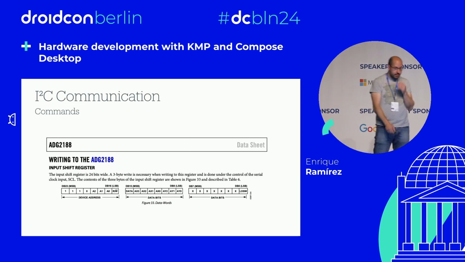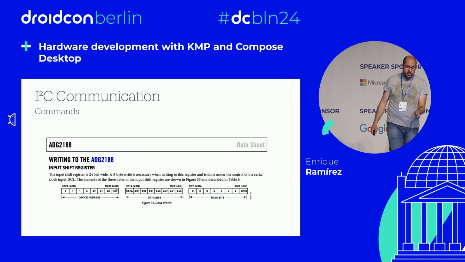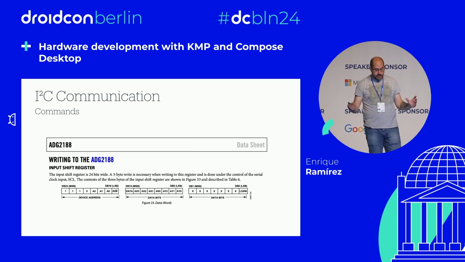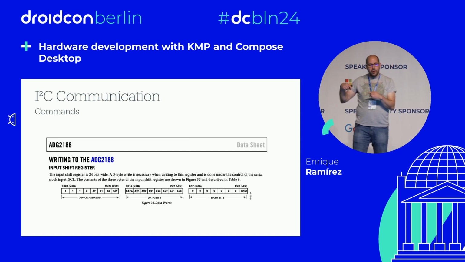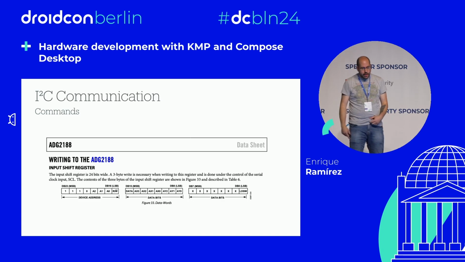I just added a dim switch. Then the important bit that we need to build is the data byte, which is basically saying which input goes with each output and whether or not it's on or off. And then finally, there's a last byte, which just tells whether or not you are continuing writing commands.